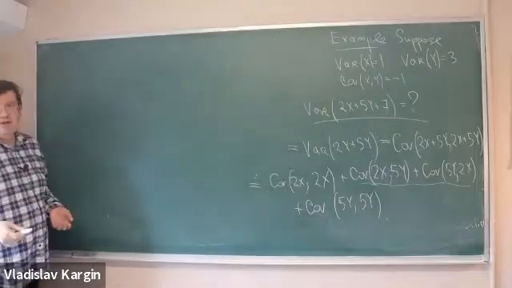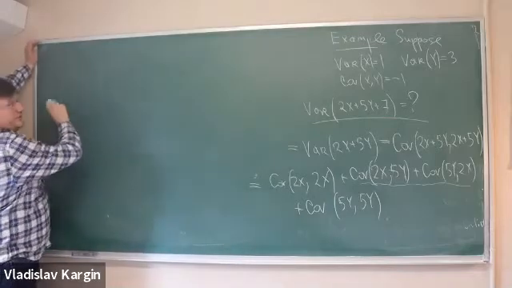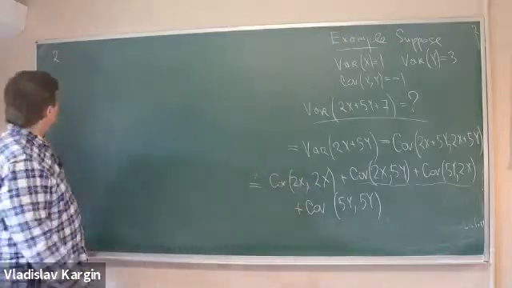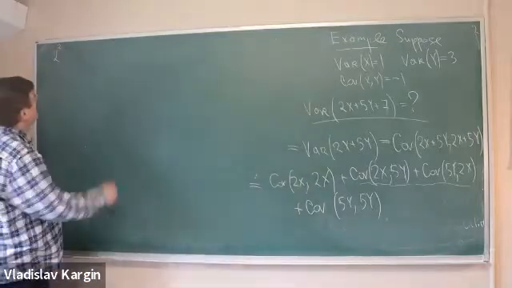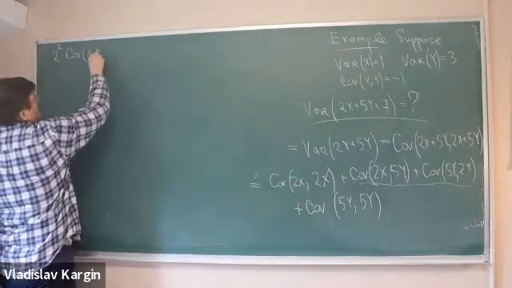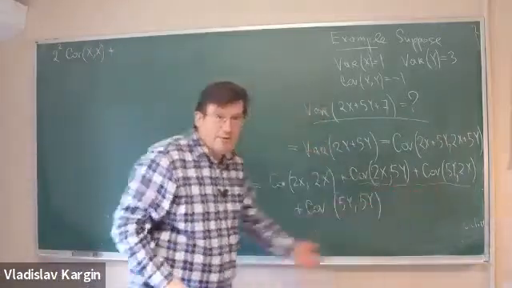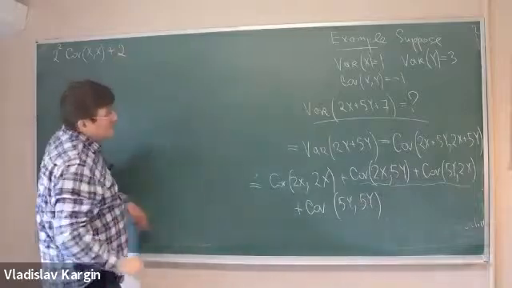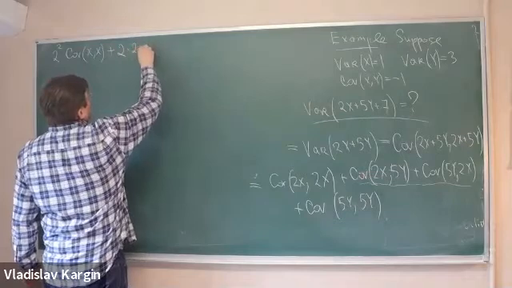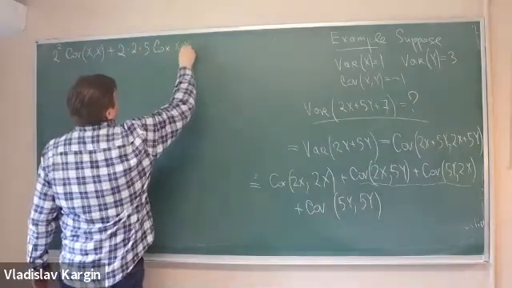I think we did something like that before, but it's just a reminder. Nothing really changed except the calculation of the covariance. So here will be 2 multiplied by 2, so 2 squared multiplied by the covariance of x and x. Plus, since these two cross terms are the same, plus 2 times 5 times the covariance of x, y.